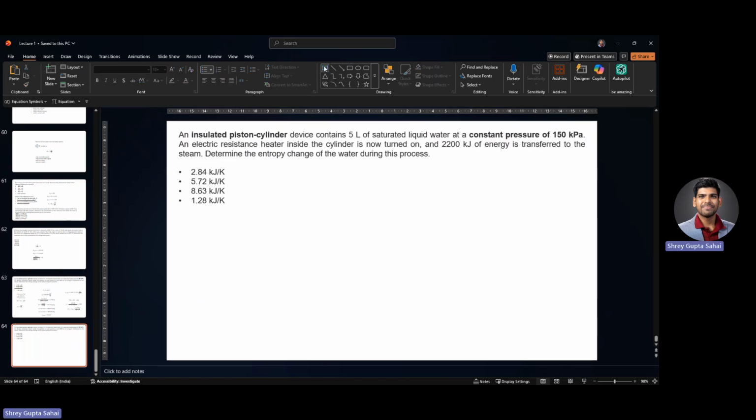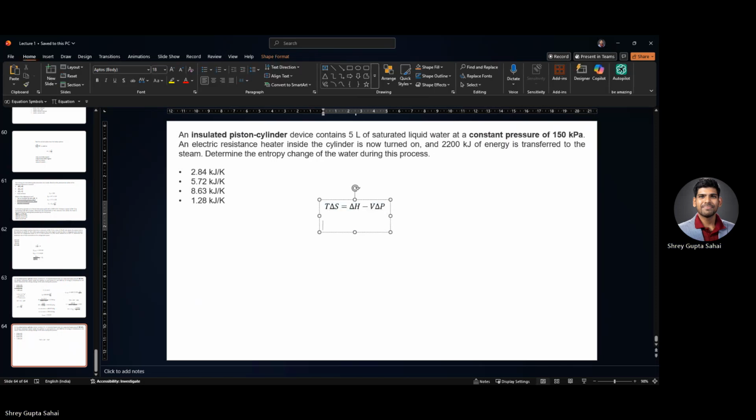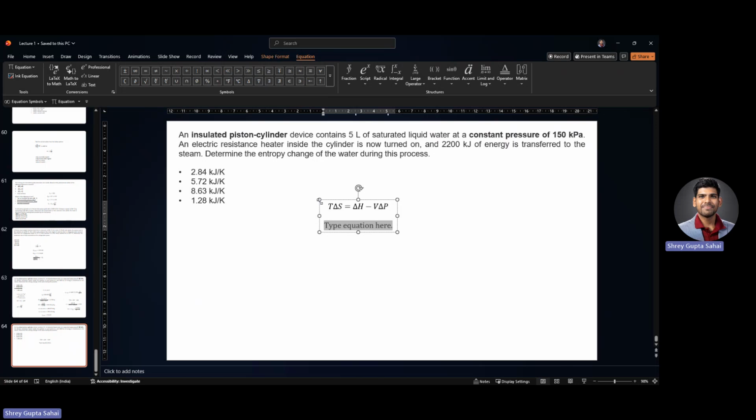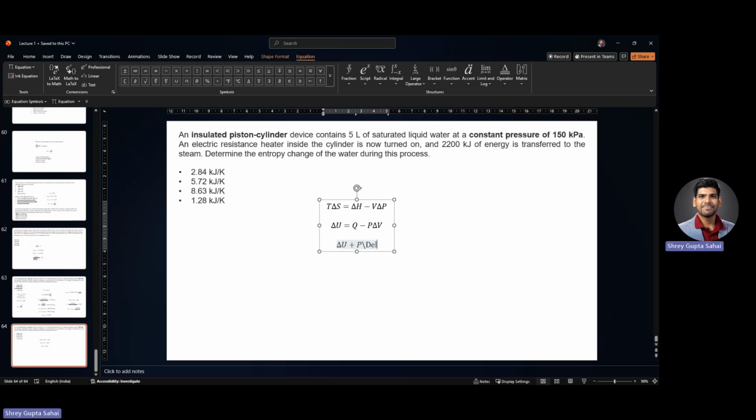The quick way is to first realize that T delta S is delta H minus V delta P. Also realize that delta U equals Q minus P delta V, and this might as well be written as delta U plus P delta V equals Q.